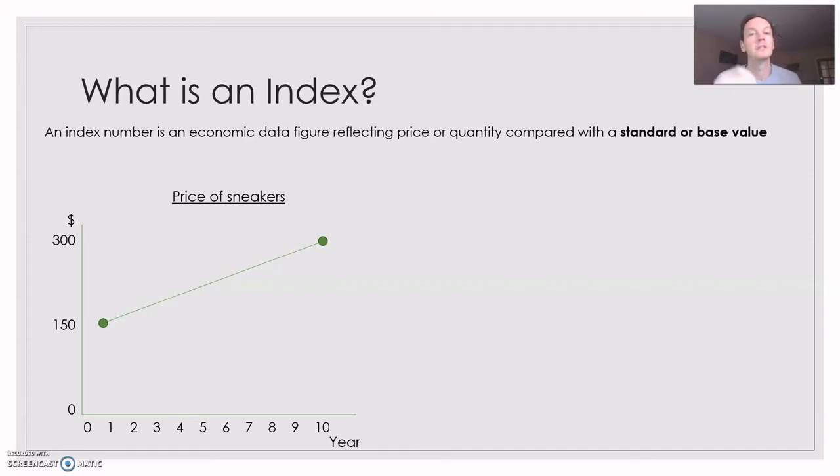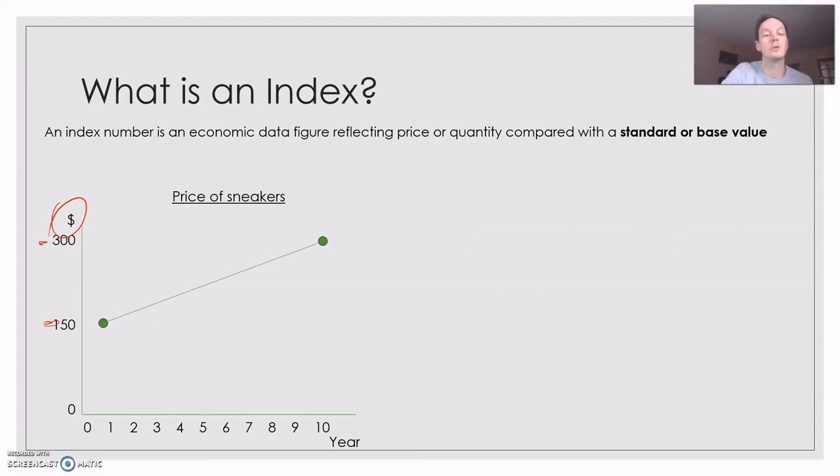It's designed to show you the change in percentage terms. It doesn't matter so much what the unit of measurement is, which in this case is dollars. It also doesn't really matter what the starting price and the end price were. The index isn't used for that, because you can just use the normal graph like we've got here for that information.